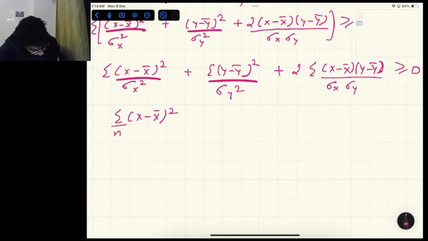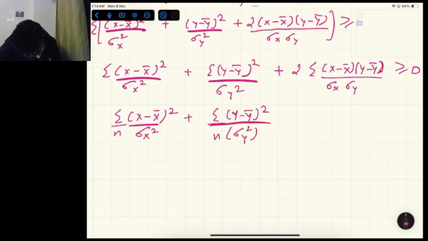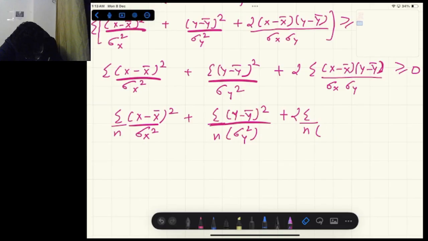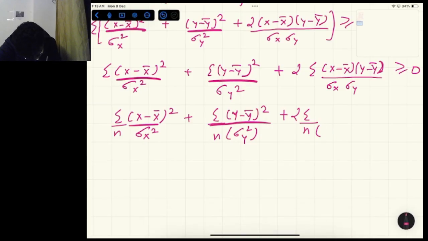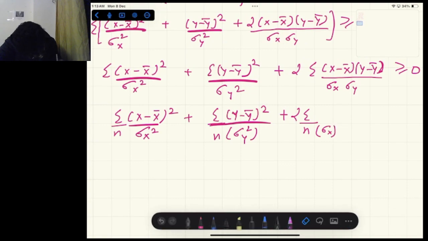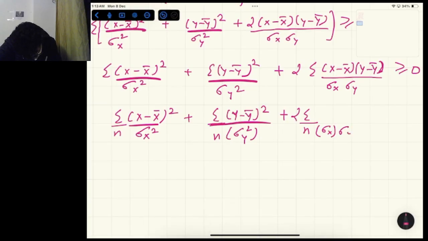So if I divide this by n, and this by n, and two times sigma by n, this is greater than or equal to 0.